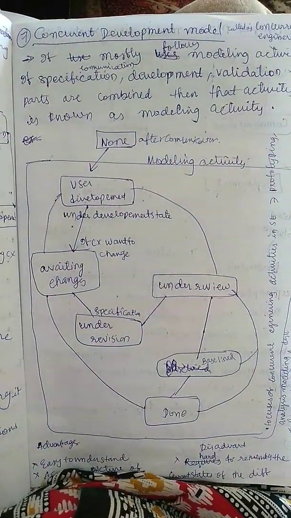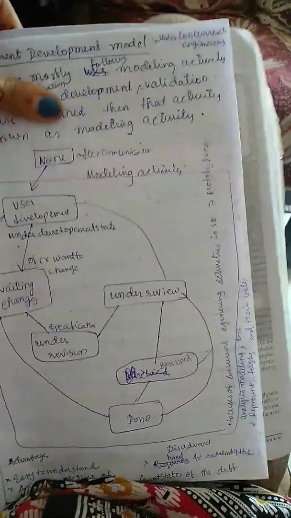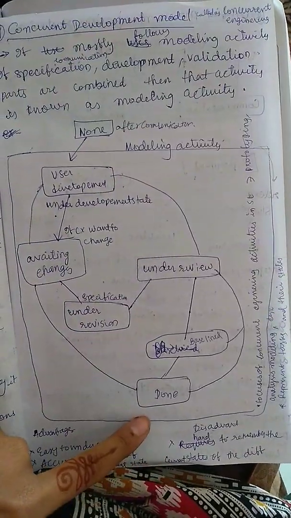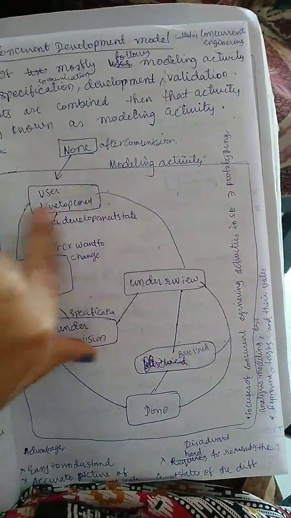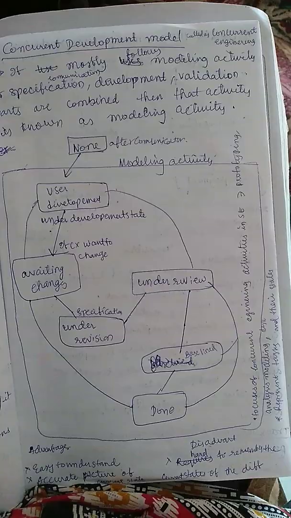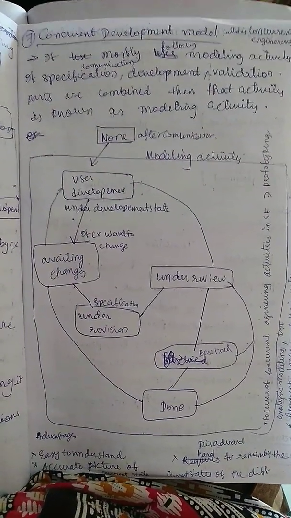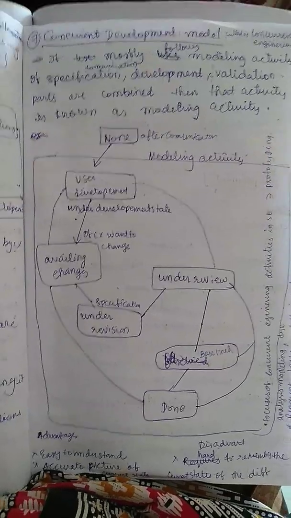If the customer assigns us a project, then from the none state we will go to the done state. These are all the steps we go through in the concurrent development model. From the none state we will go to under development.